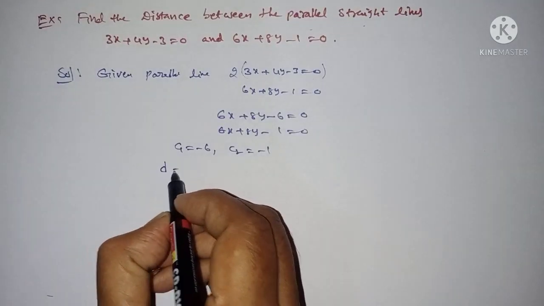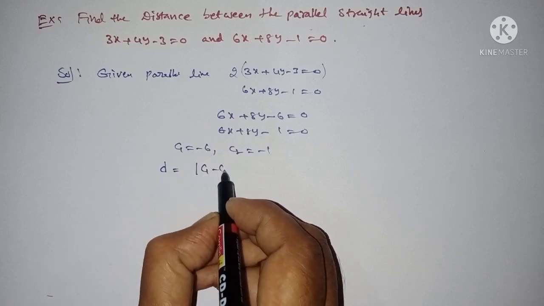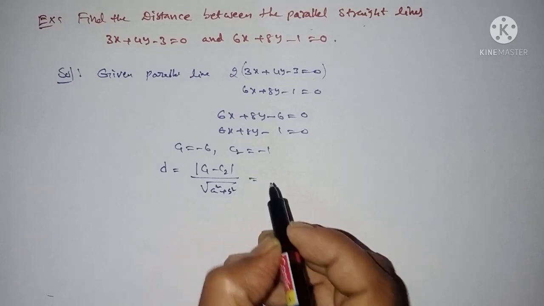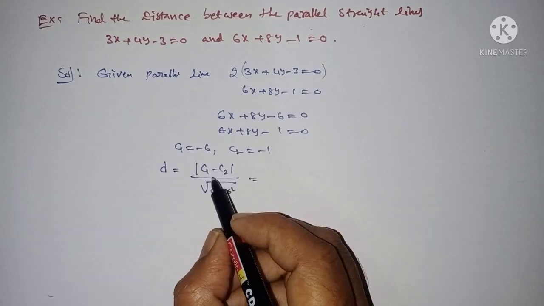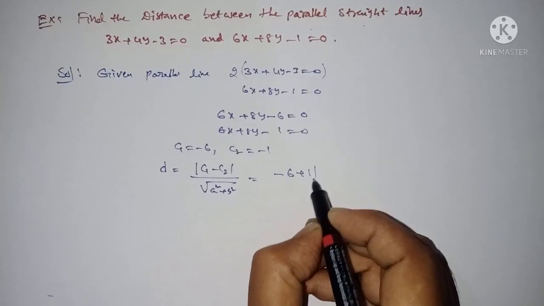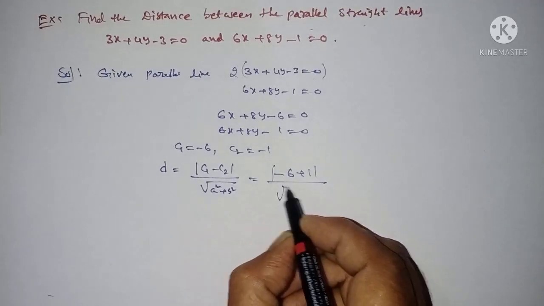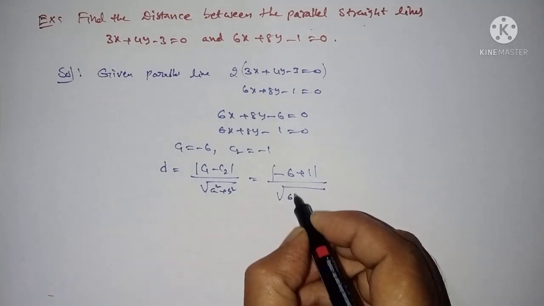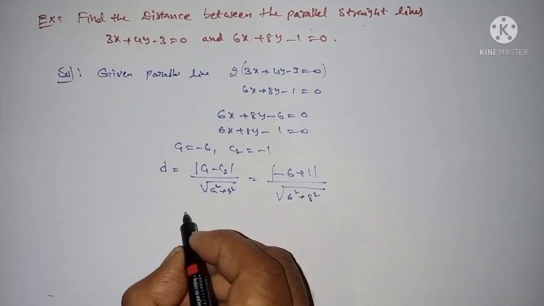What is the formula? D is equal to the mod of C1 minus C2 by the square root of A square plus B square. Therefore, C1 minus C2 is minus 6 minus of minus 1, that is minus 5, by the square root of 6 square plus 8 square.